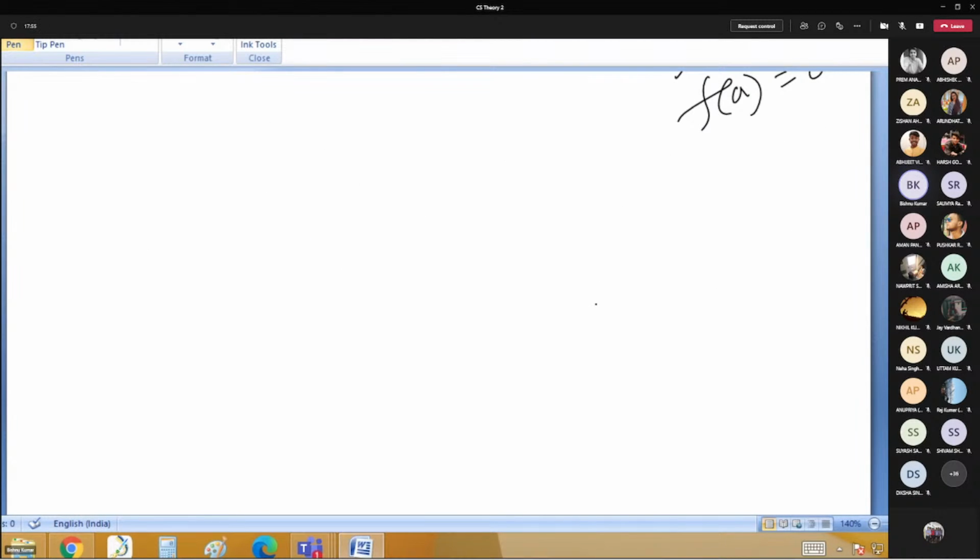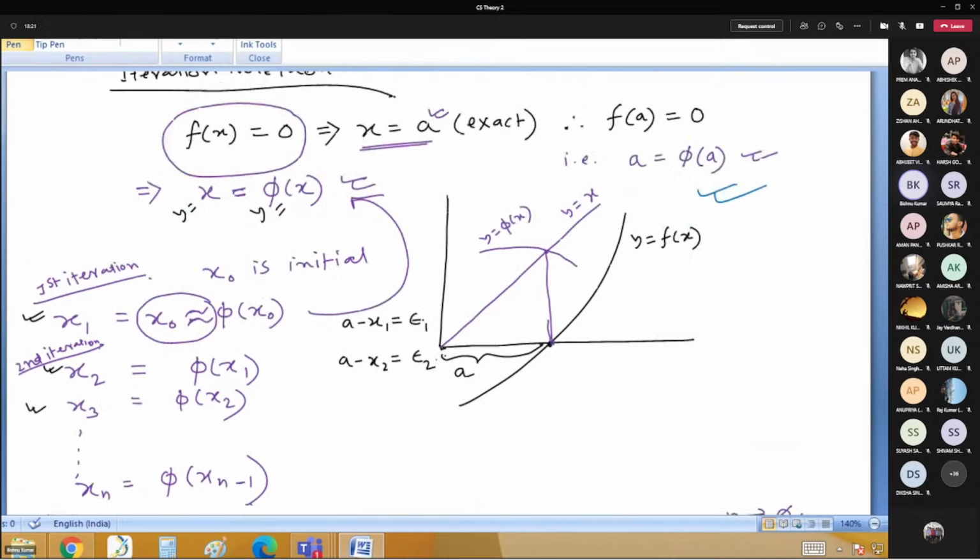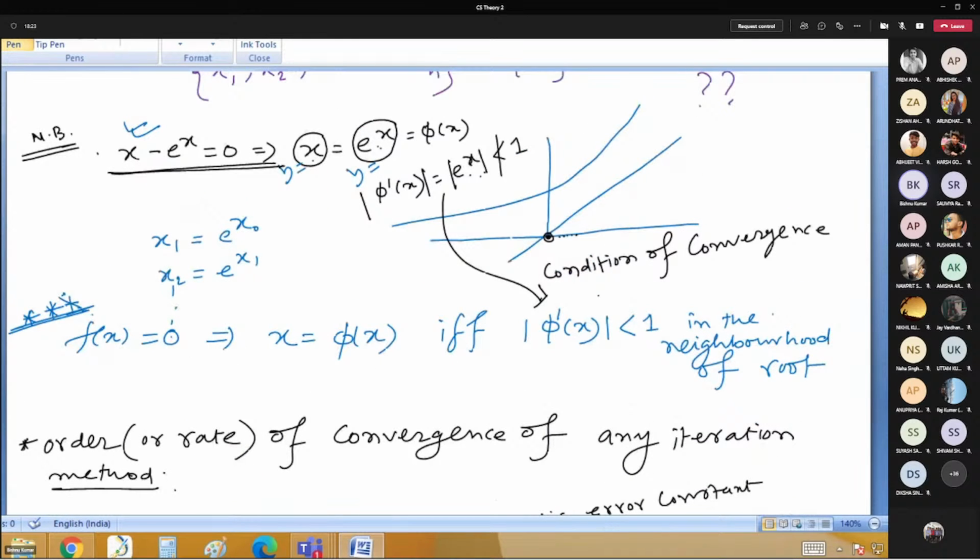Okay. So this technique also has some plus points and minus points, or when you are able to use that condition, or what is the speed, that is known as the rate of convergence, in which speed it is approaching the solution. For that purpose, yesterday I told you a few definitions. The condition of convergence: if you write the iteration scheme in x = phi(x) format, then mod of phi dot x should be less than 1.